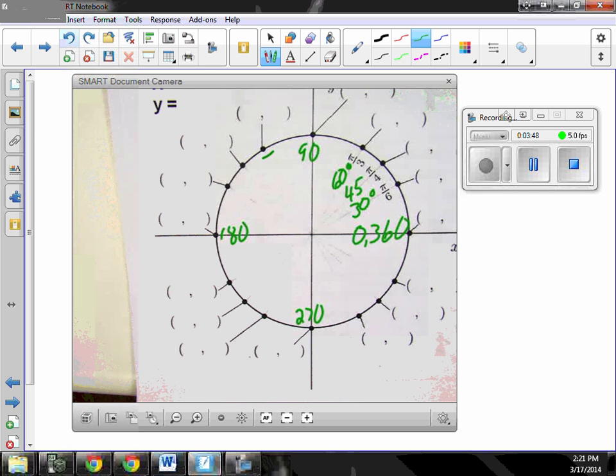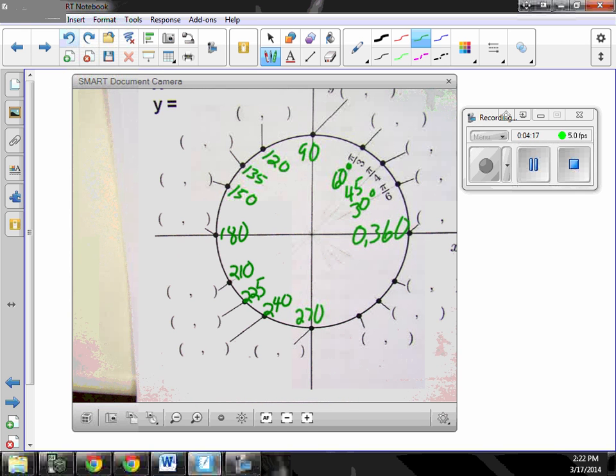So this would be 120, 135, 150. So we add 30, add 15, add 15, add 30. We start over. Add 30, 210, add 15, 225, add 15 is 240.